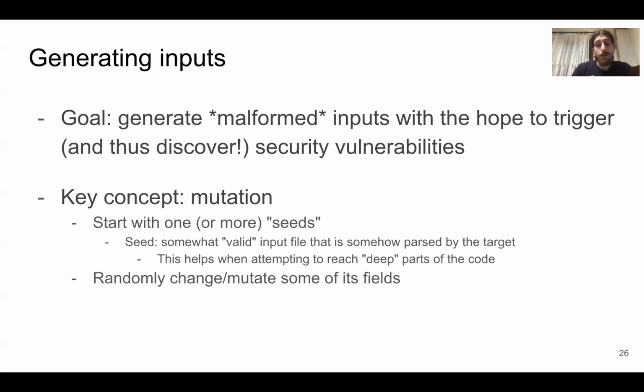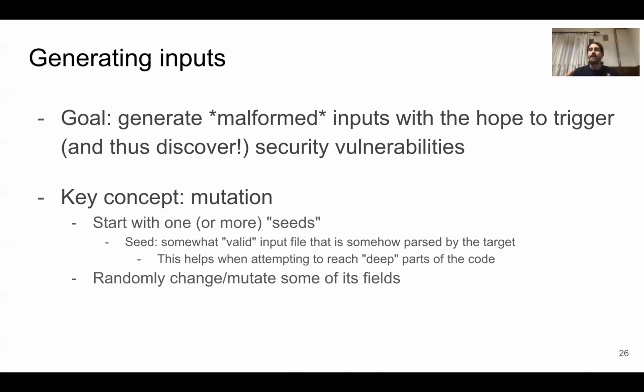Once you have this target, you need to generate a bunch of inputs automatically. And the idea is to generate them slightly malformed, so as to trigger maybe some corner cases, with the hope of triggering and thus discovering security vulnerabilities. And in fuzzing, there is this concept of mutation. You usually start with one or more seeds, which is a file or an input that is somehow valid, that is parsed by the target.